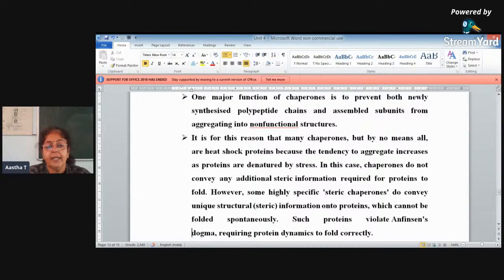They themselves don't have anything like that. But still, certain steric chaperones, meaning those involved in the conformation, can show these characteristics, and can convey this message to the proteins for aggregation, disaggregation or folding.